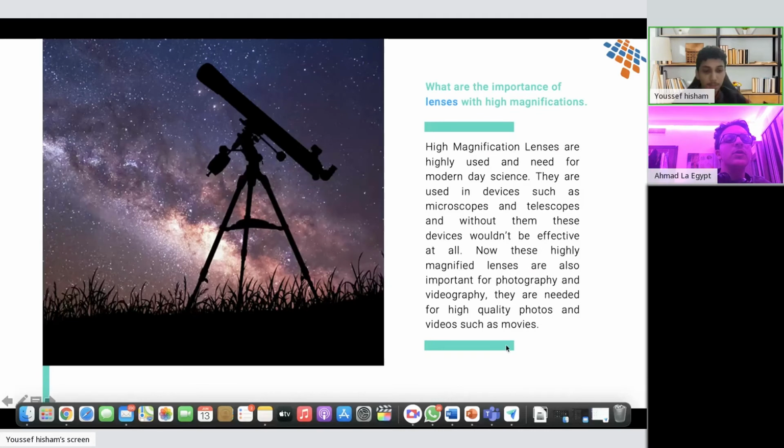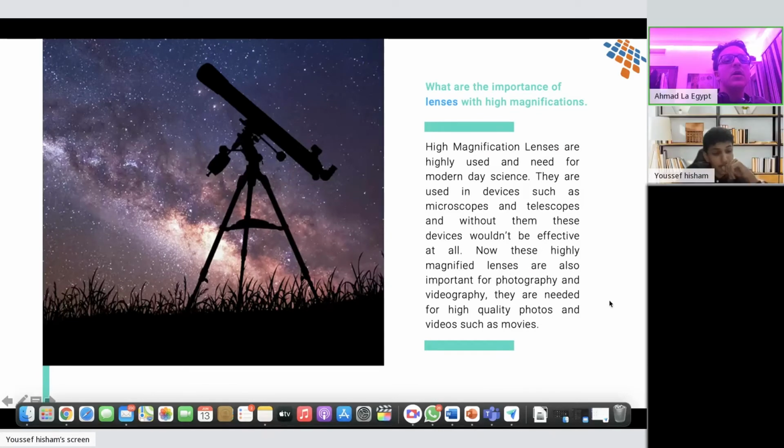On this slide, we're going to talk about the importance of lenses with high magnifications. So as you know, lenses are just a piece of glass with magnification. So this magnification is what actually makes them special. Without it, the lens won't be anything but a piece of glass, as I mentioned. But the high magnification allows them to be used in telescopes and microscopes, and this actually helps them a lot to study in science labs.